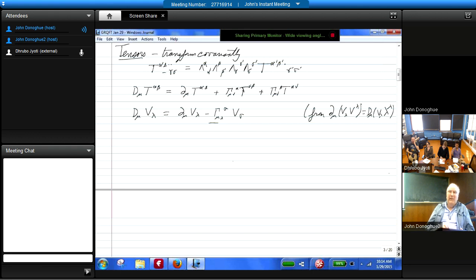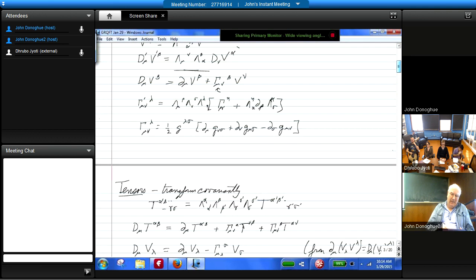Okay, so there are a couple things to say here. One is specific to general relativity. Gamma mu nu lambda is not a tensor by this definition. Look up here at how it transforms. There's the covariant piece sitting right there, and then there's a gauge piece in addition.